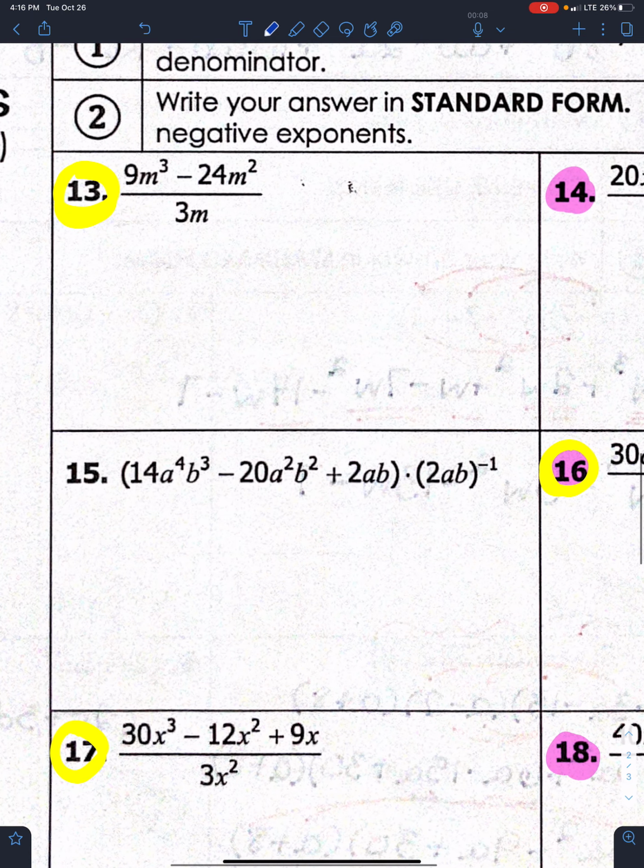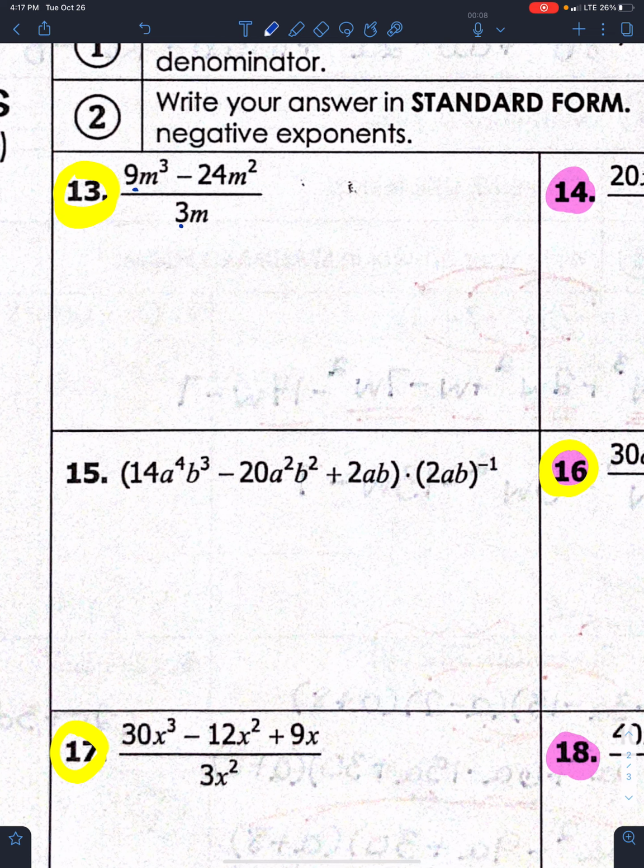So number 13, looking at 9m cubed and 3m in the denominator, and as well looking at negative 24, I'm trying to see if the numerators can be divided by that 3m in the denominator. So 9m cubed divided by 3m.